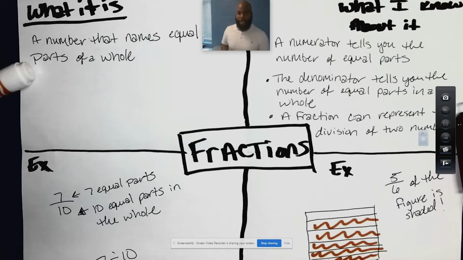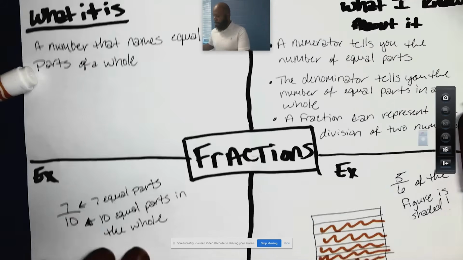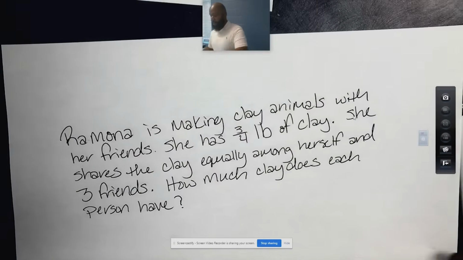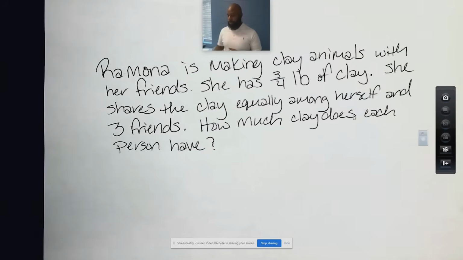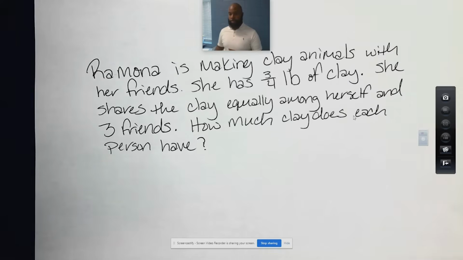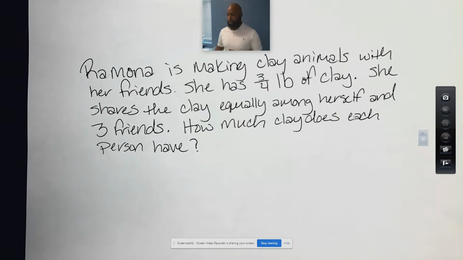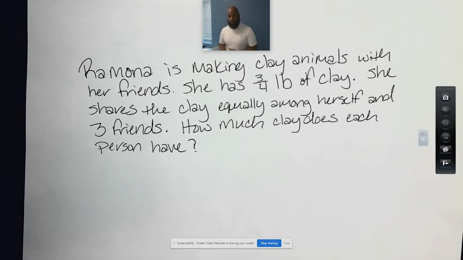So let's do a problem together. I'm gonna put a problem up and I want you to read it. So let's look at this problem. All right, so Ramona is making clay animals with her friends.